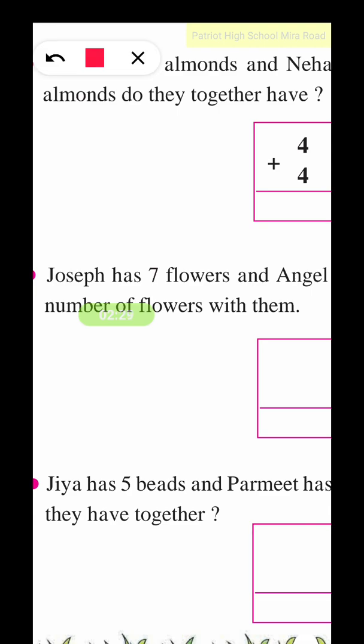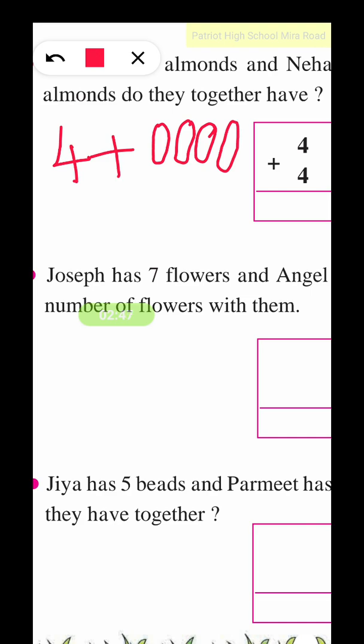Ketan had 4 almonds, badam almonds. Neha gave him 4 more almonds. 1, 2, 3, 4. Ketan had 4 almonds. Neha gave him 4 almonds. 1, 2, 3, 4.